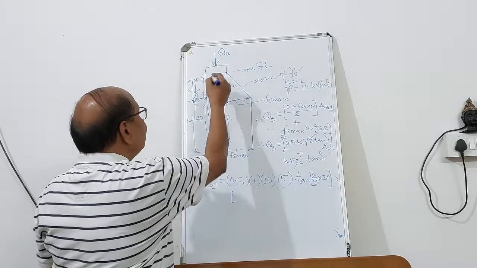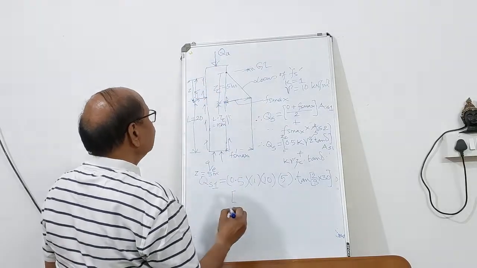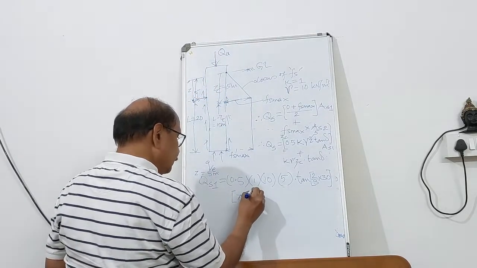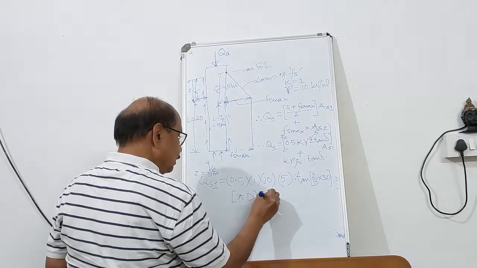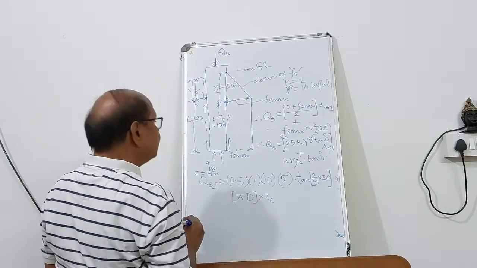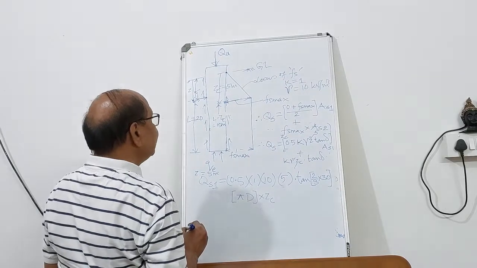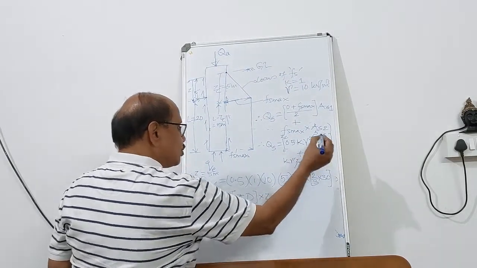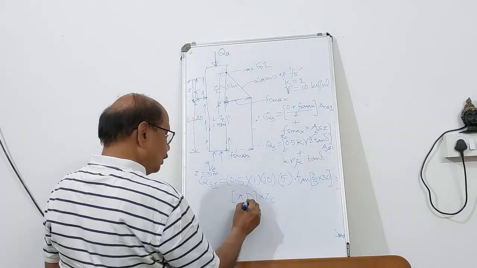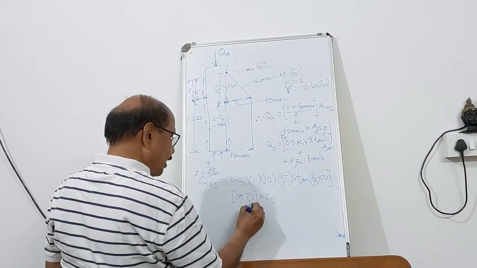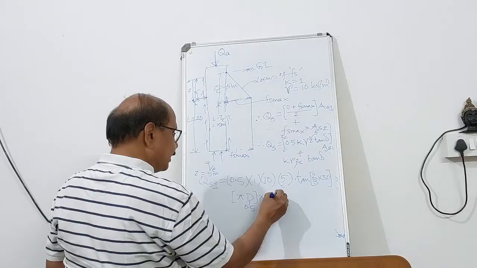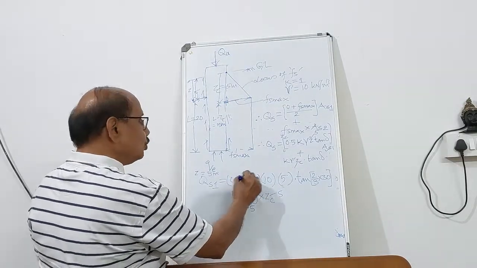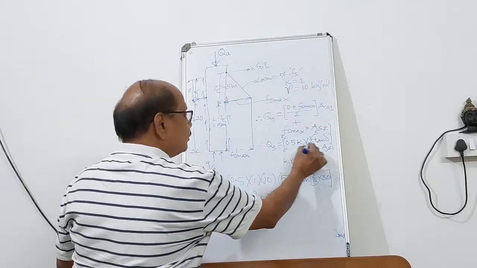What will be the shaft area up to Z critical? It will be pi d into Z critical. So pi d is the perimeter, into Z critical will be AS1. So D you substitute as 0.5 meter and Z critical is 5 meter. So substitute the values, you get the first term.